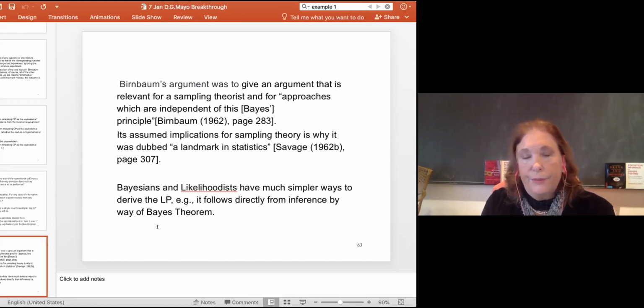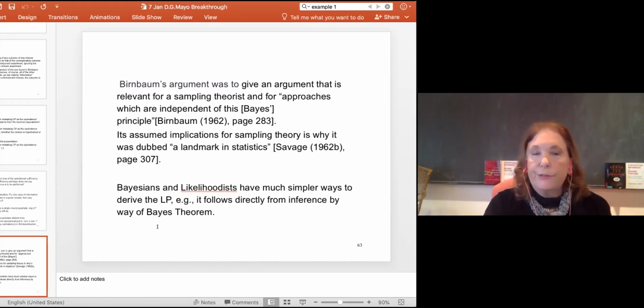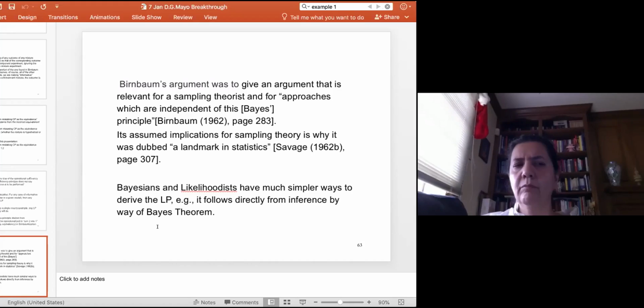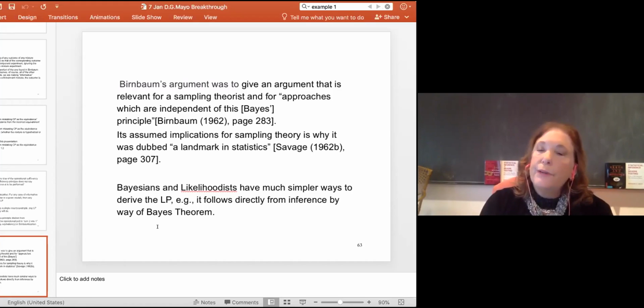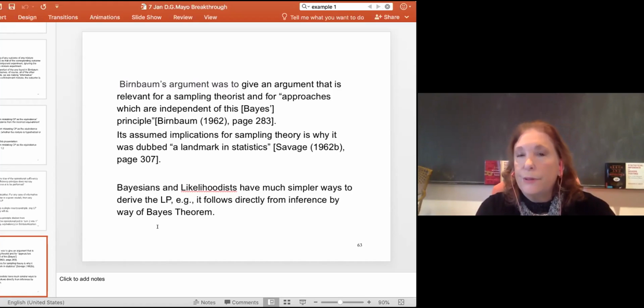If we have a significance test or an estimation or some statistical reasoning, we'll go from, let's say, very small p-values to saying there's evidence of some inconsistency with the null hypothesis, which is actually an informative inference. So you could say it's evidence transcending. You could say that it's inductive.